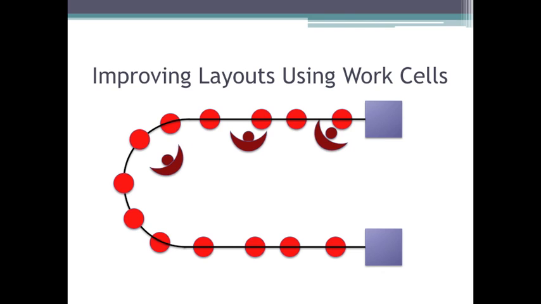Well, how about a U-shaped layout where we have several people working together within this U-shaped layout? Does this better facilitate teamwork? Does this allow for more flexibility in combining tasks of a process? Yeah, I think it does.